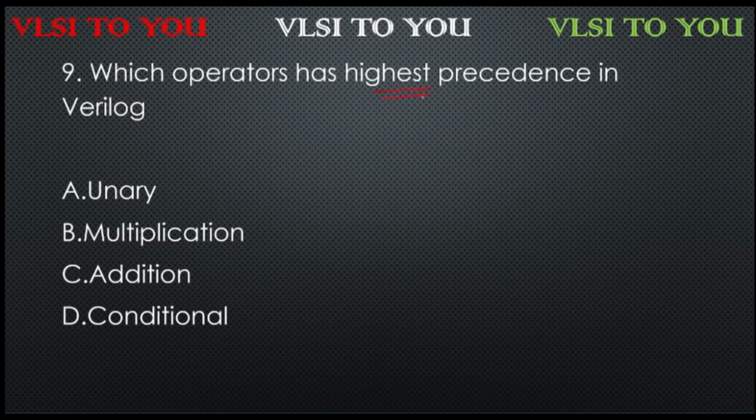So when it comes to the highest precedence in Verilog, that is given to arithmetic operators. Arithmetic operators have the highest precedence, then relational, then equality, and so on. Among operators, the least precedence is for the conditional operator.